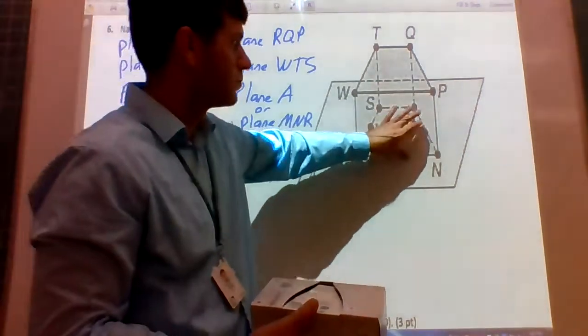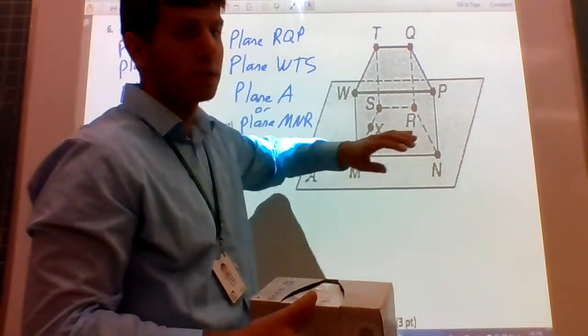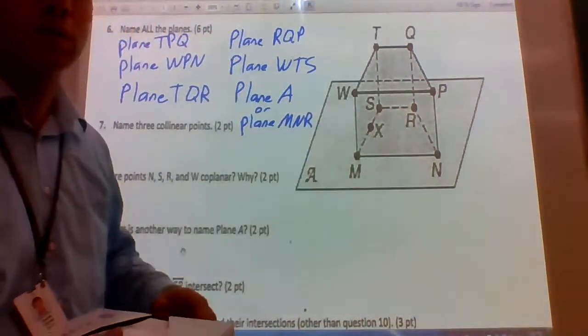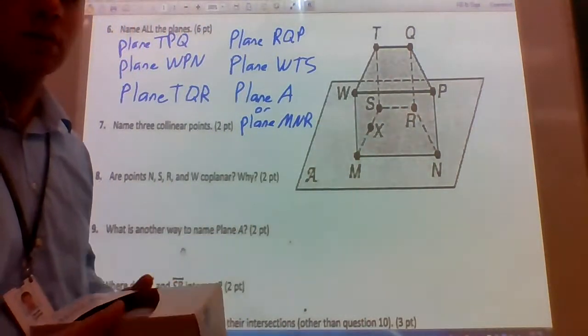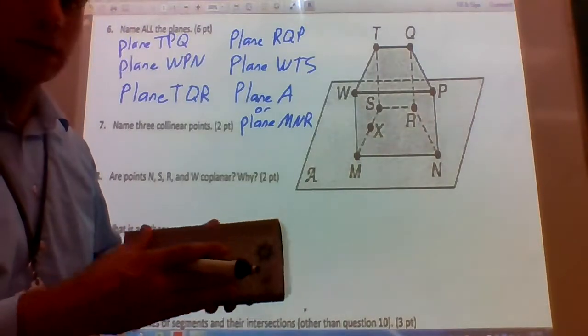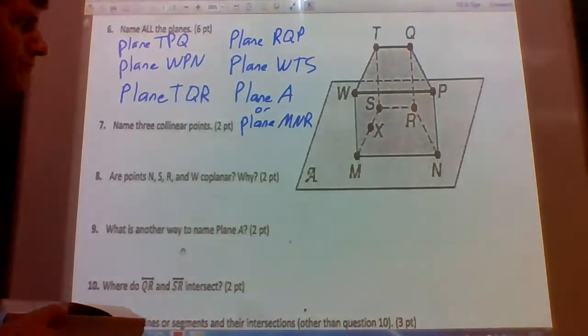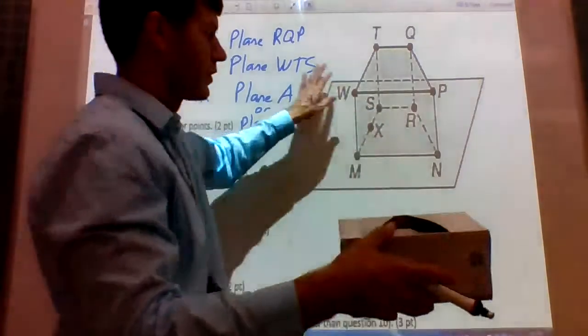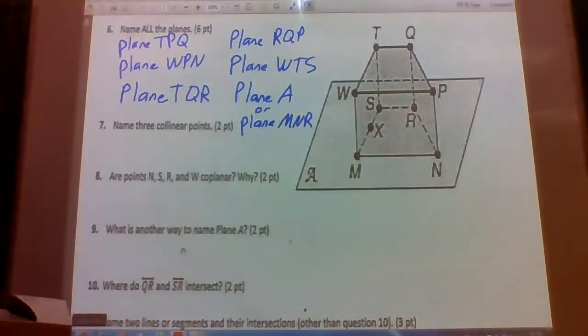Because all of these planes really extend on forever. They just don't show us because there's no way to draw it forever. So even though they have them contained here, they really go on forever. So the bottom really goes on forever, and it's represented by plane A.